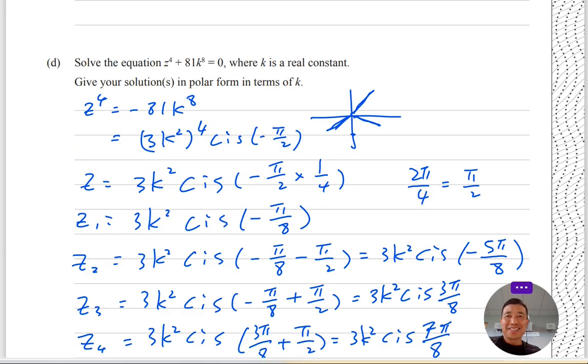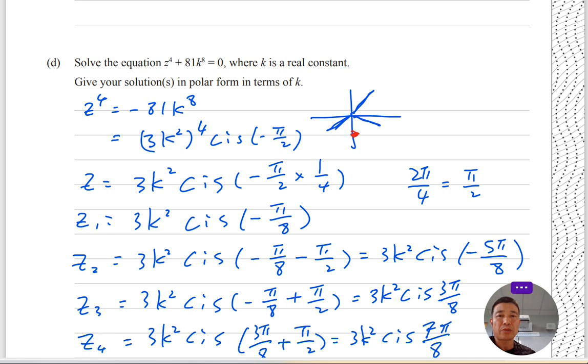Question D. Solve the equation z to the power of 4 plus 81k to the power of 8 equals 0, where k is a real constant. Give your answers in polar form in terms of k. First of all, let's pinpoint the negative 81k to the power of 8. Because it's an all real number, it's located somewhere here.